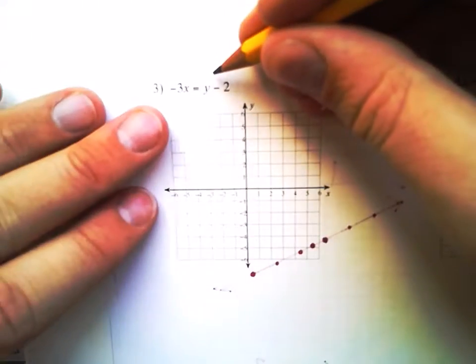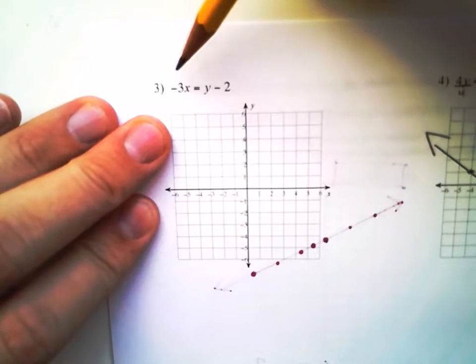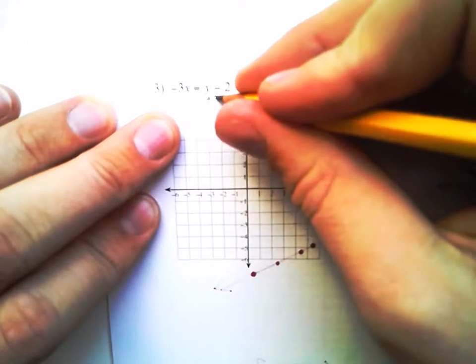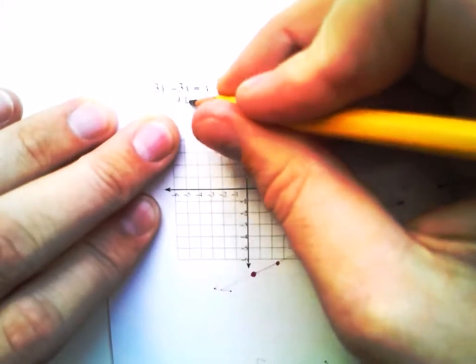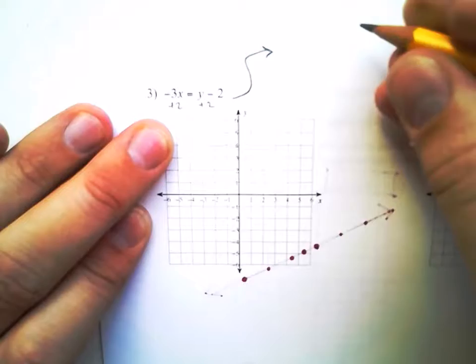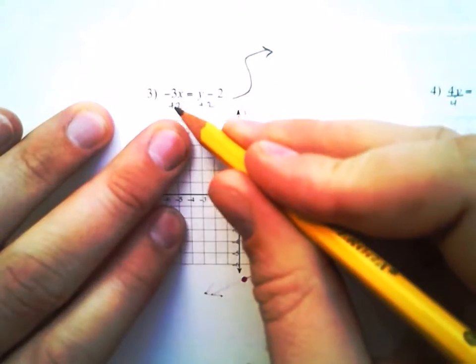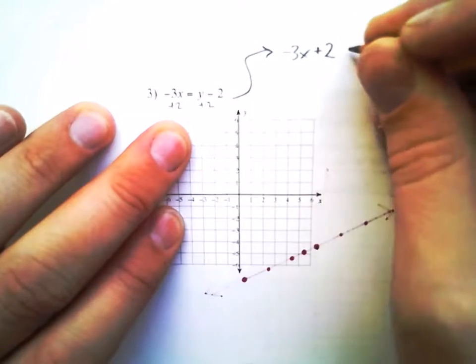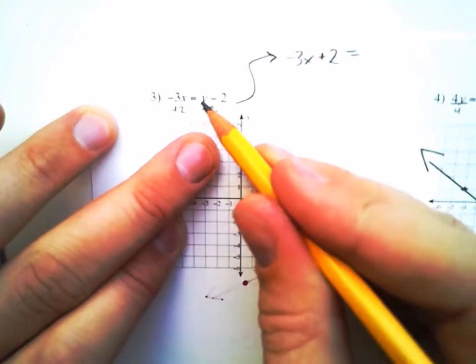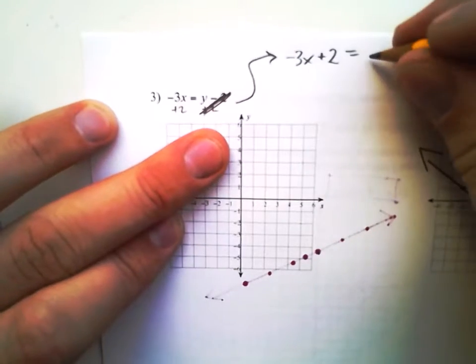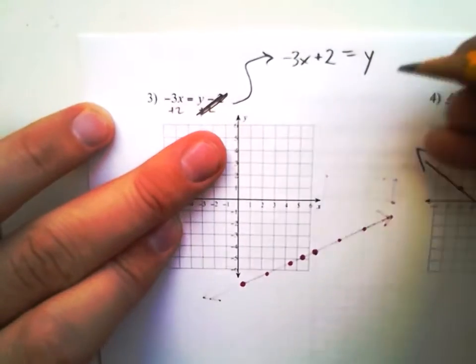And this one, we want y equals mx plus b. So if we add 2 to both sides of that equation, that's going to become negative 3x plus 2 equals y. Minus 2 plus 2 will go away and just leave the y.